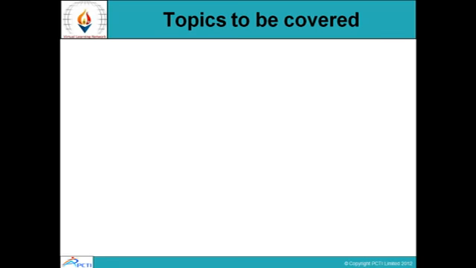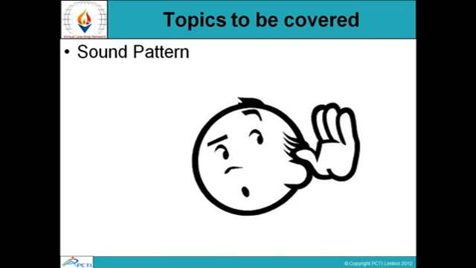Topics to be covered in this session are sound patterns. As we have already studied various letters in the Hindi alphabet, now we are going to learn about their patterns. As we have sound patterns in English, similarly we have sound patterns in Hindi.